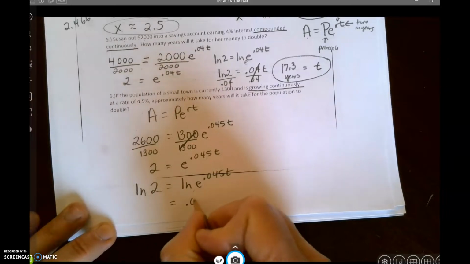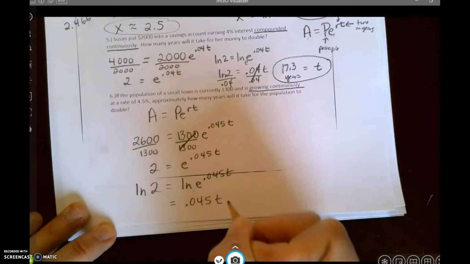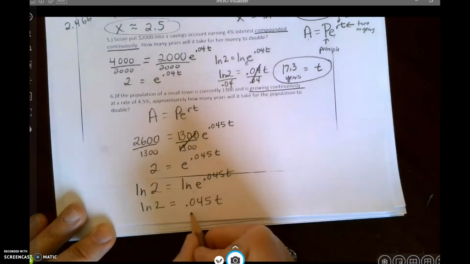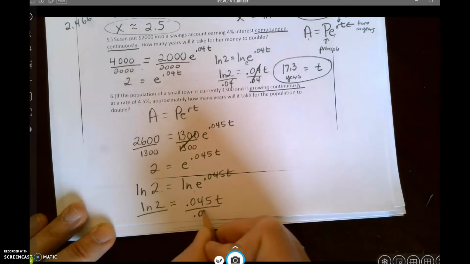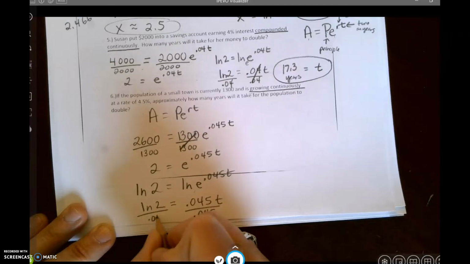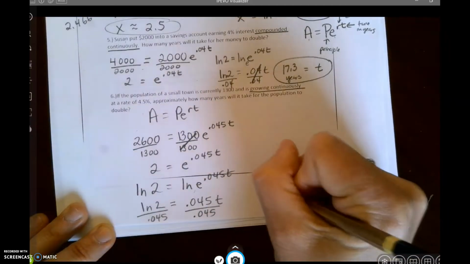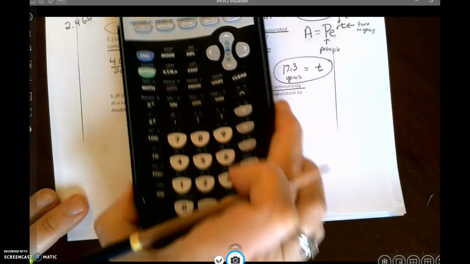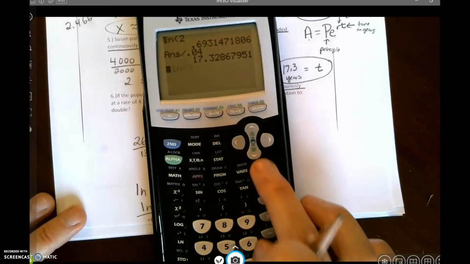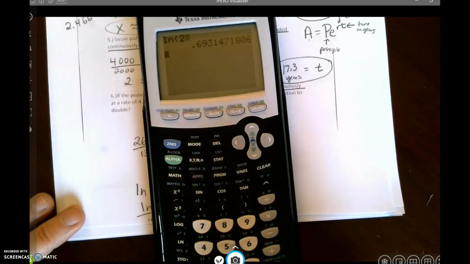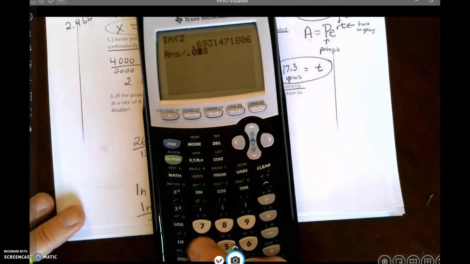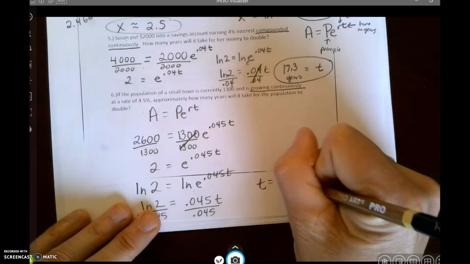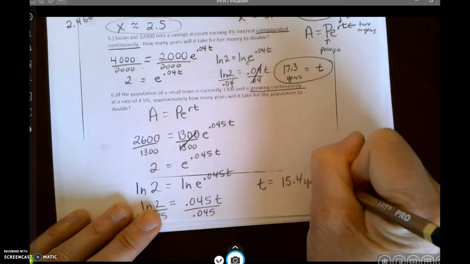That's just going to be 0.045t equals the natural log of 2. Divide both sides by 0.045. And we'll get our t. So let's see. Natural log of 2 divided by 0.045, 15.4 years.